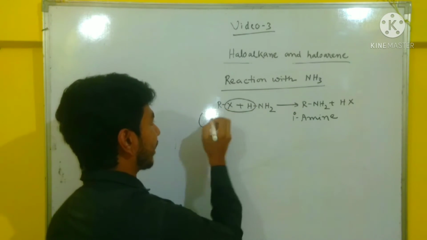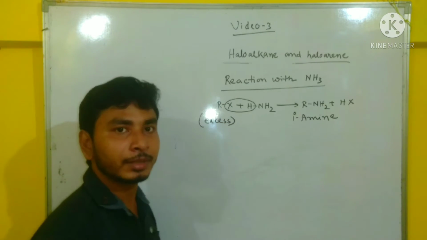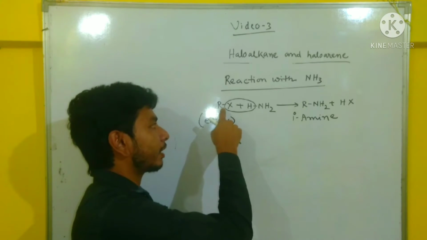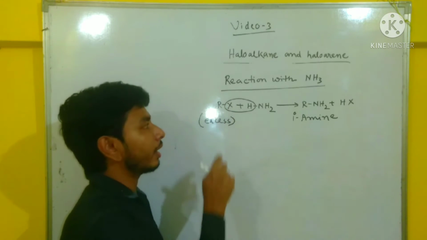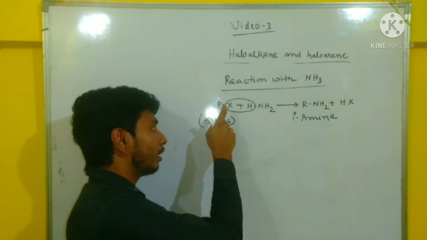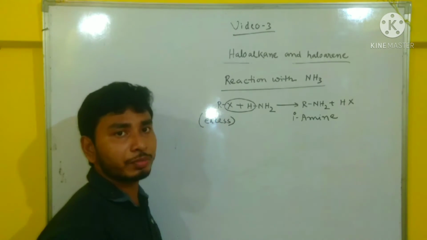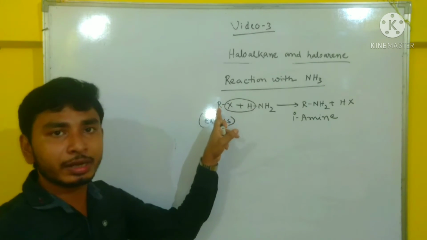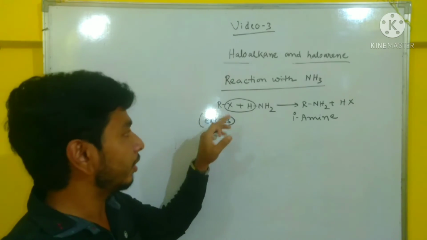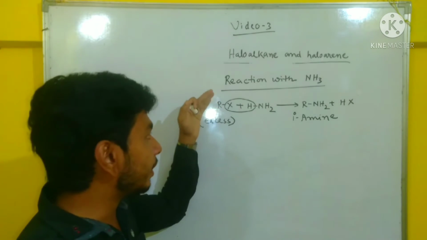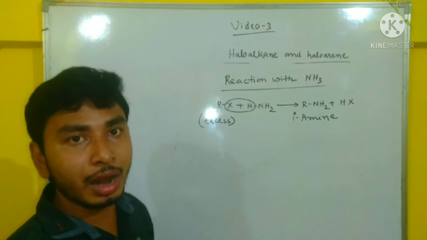But if this alkyl halide is taken in excess, then all the alkyl halide cannot be consumed in the first step because it is present in excess amount. Some amount will remain unreacted.